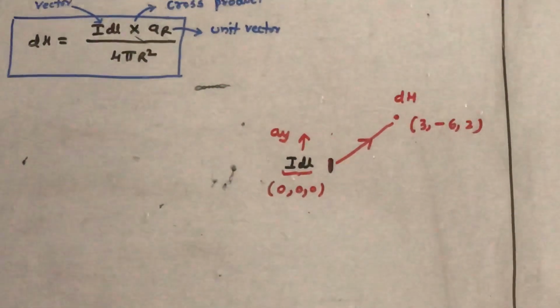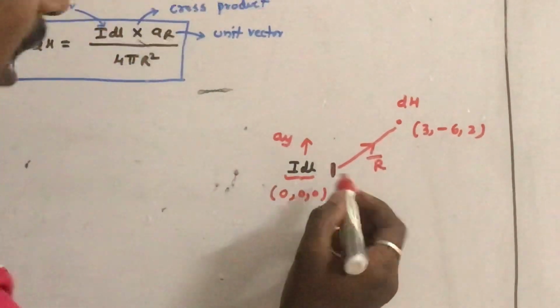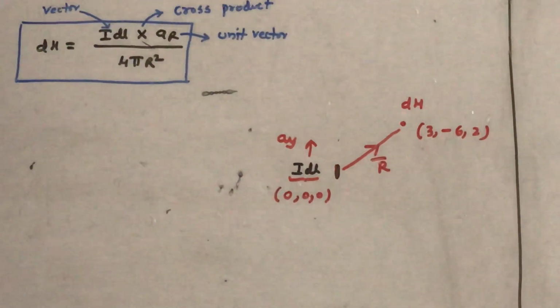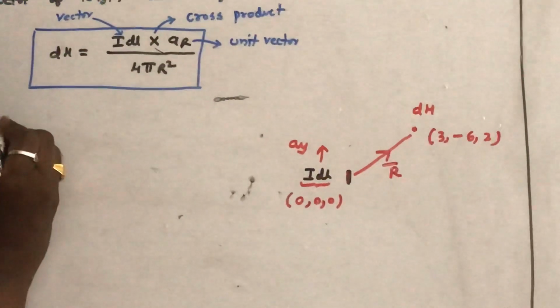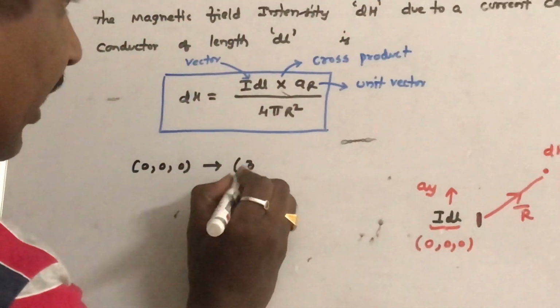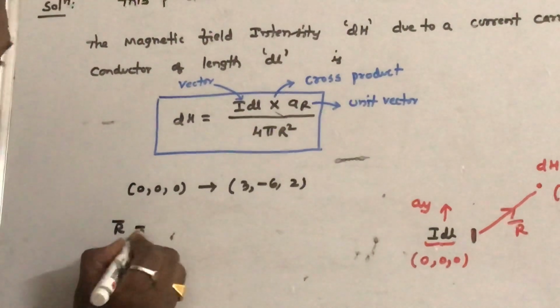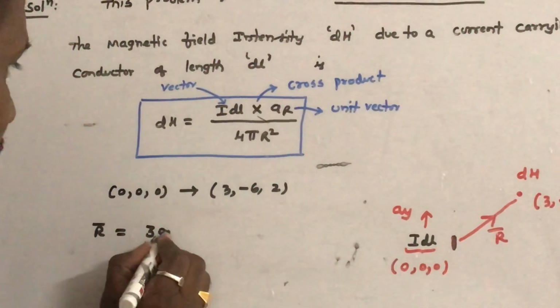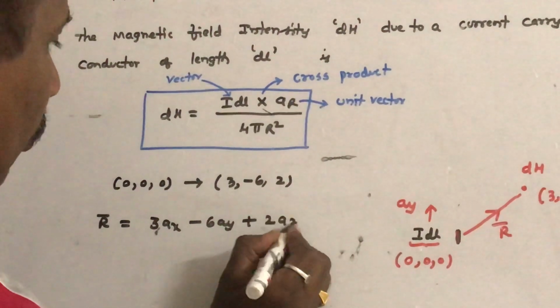So therefore let us first find out the unit vector R between these 2 points. The points are from (0, 0, 0) towards (3, -6, 2). The directional vector is 3a_x minus 6a_y plus 2a_z.